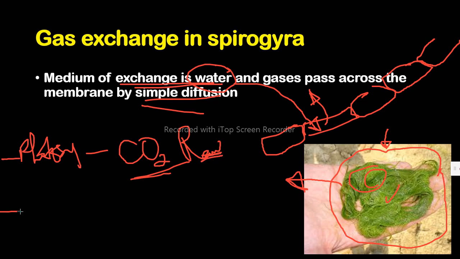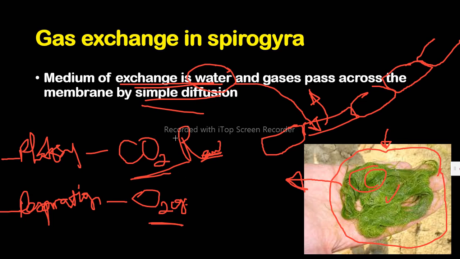And for respiration, did I study respiration in primary? I don't know. So for respiration to occur, it needs oxygen. So now this is the organism that carries out both carbon dioxide and oxygen exchange.